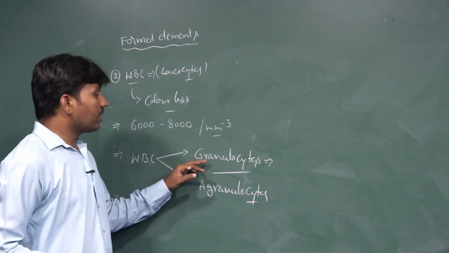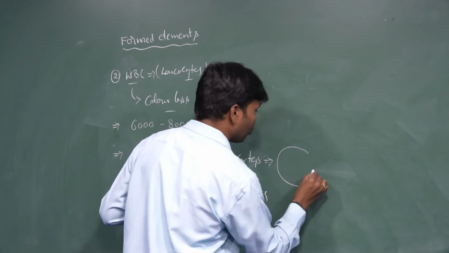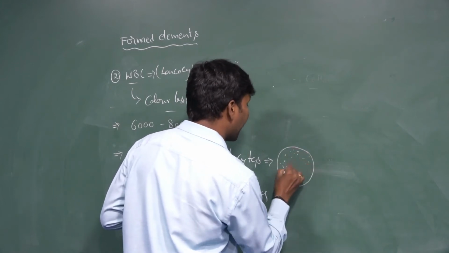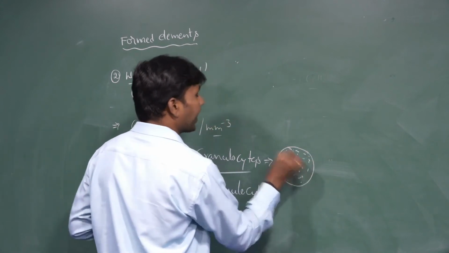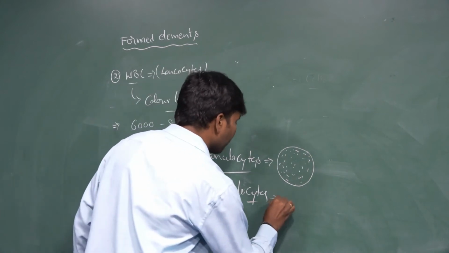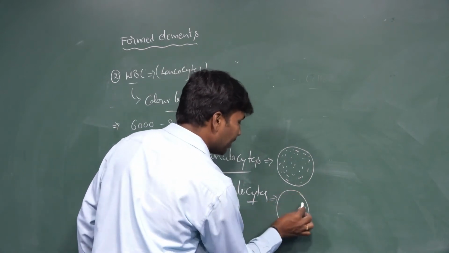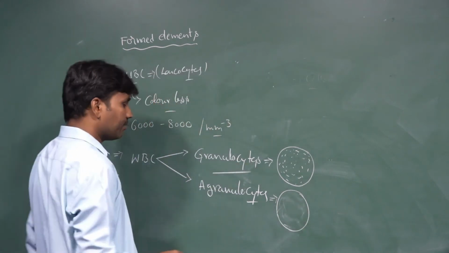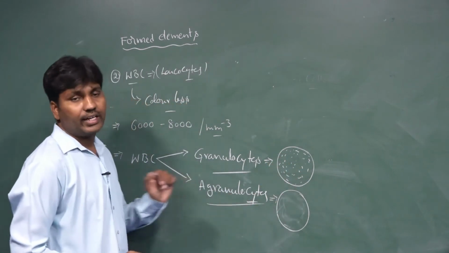These are cells that contain a granulated cytoplasm; the specific granulated cytoplasm is present in these cells, so they are called granulocytes. Cells not having any granules in their cytoplasm, with a clear cytoplasm, where granules are absent, are called agranulocytes.